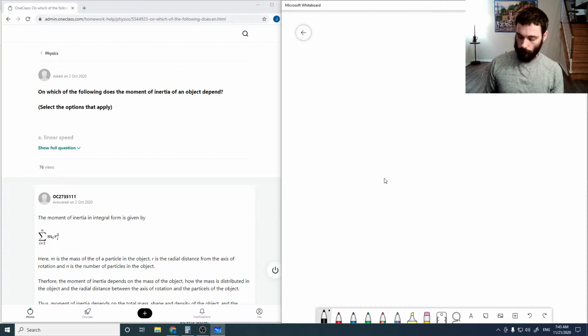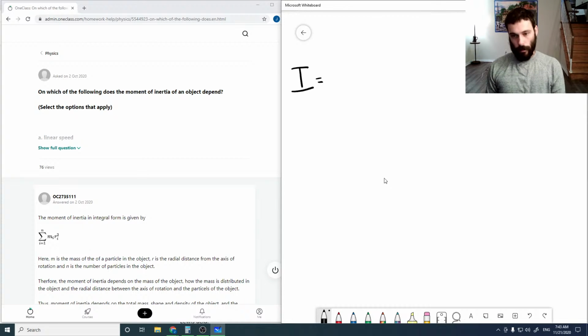Okay, so now on which of the following does the moment of inertia of an object depend? If I click that link, I don't believe it'll go very well. So we're just going to go through what the moment of inertia does depend on, and look at it that way.